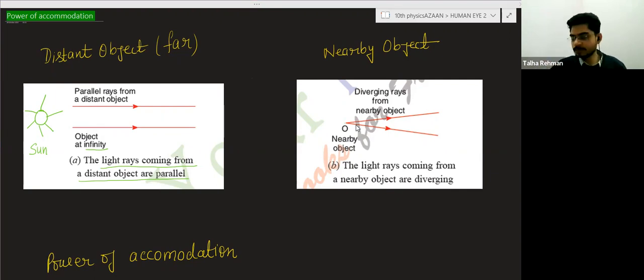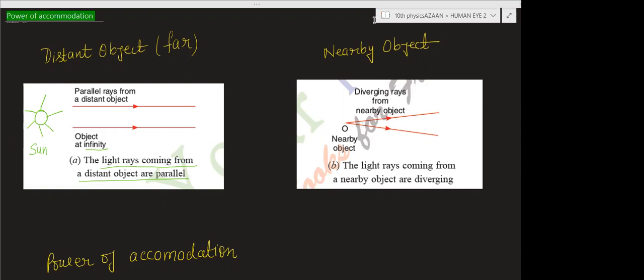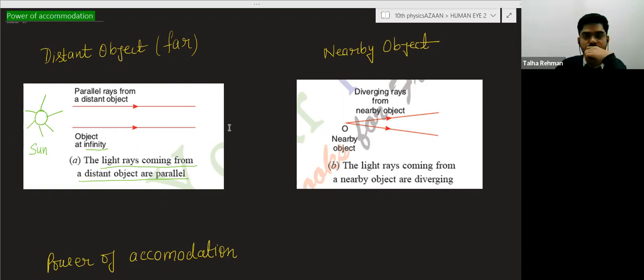Nearby object means this glass is a nearby object for me, so I will get the diverging rays from this nearby object. So a distant object gives you parallel rays, and a nearby object will give you diverging rays.